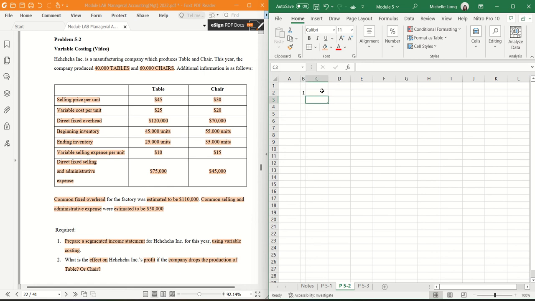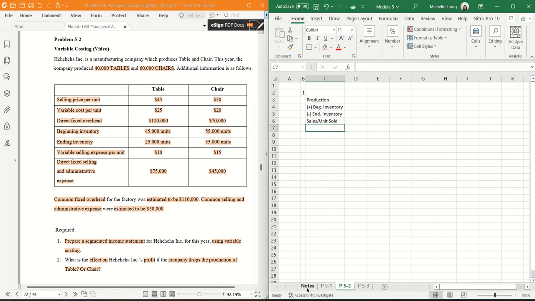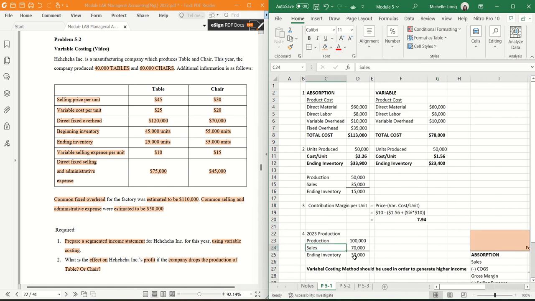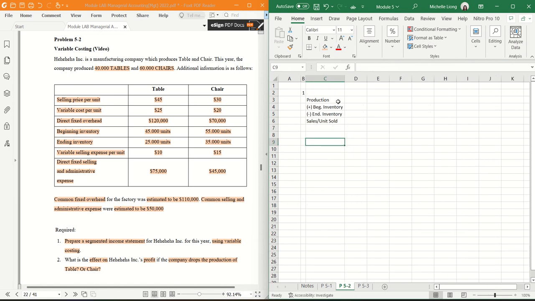Right here, we're going to find it: production plus beginning inventory minus ending inventory, and you get your sales or units sold. Basically it's just like this, but we didn't know, so we need to find the ending inventory first. And we need to find the COGS first in order to know how much they have sold.